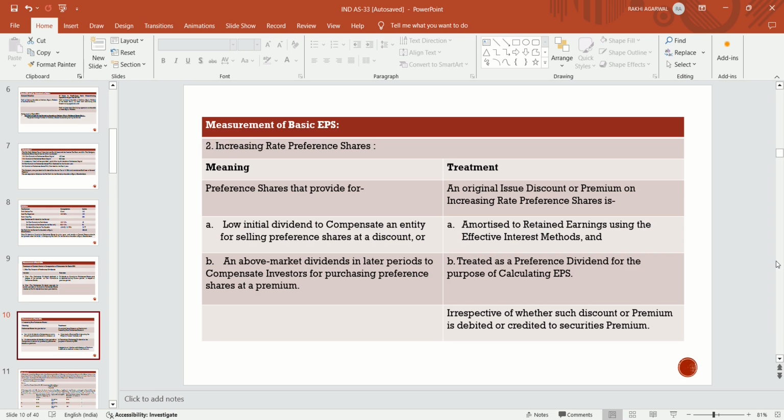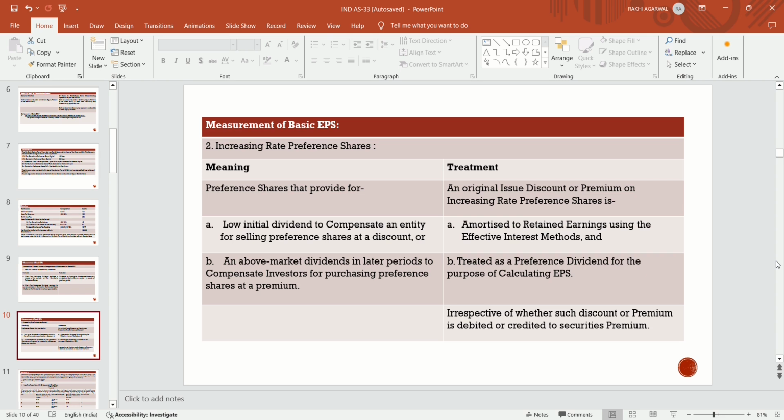Because if they are startups, those are the startup companies. They issue preference shares at a discount because they want to run their business. And at the first stage, they won't be able to declare dividend to the investors. Investors also want dividend every year because if they invest something, they want something from the company.